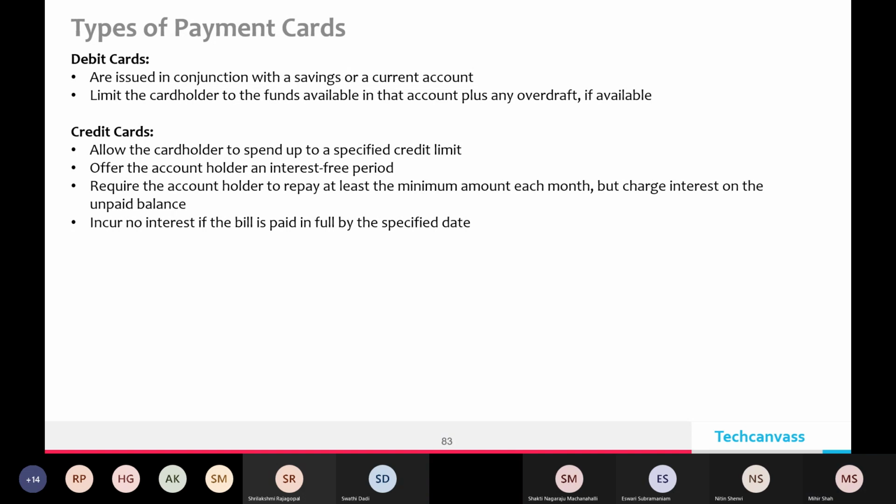Good point. So effectively, whenever we swipe a card, assume we swipe the card for $100. The merchant will not be paid the complete $100. Out of that, say $2.5 or $3 is taken out as charges, and the remaining $97 is paid to the merchant. So this is the way. If you look at it, there are many parties in this entire transaction.